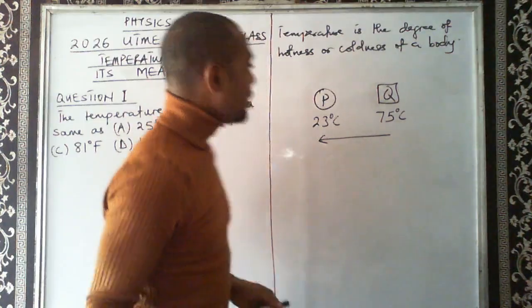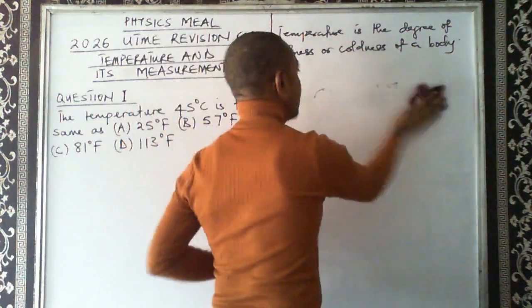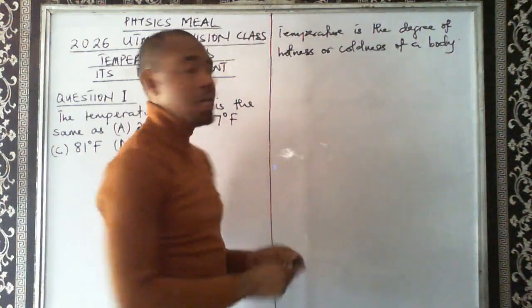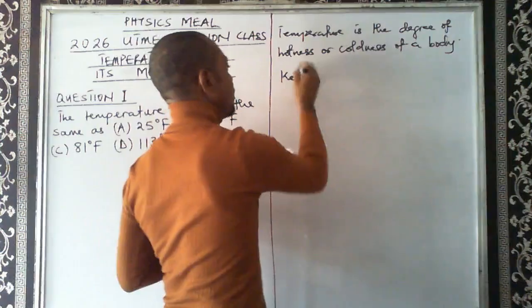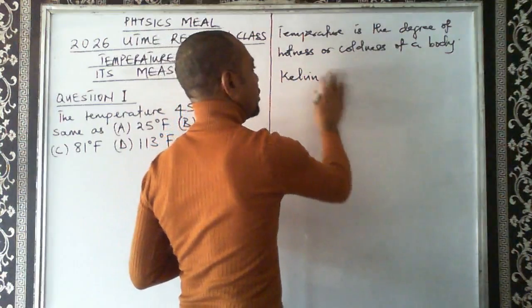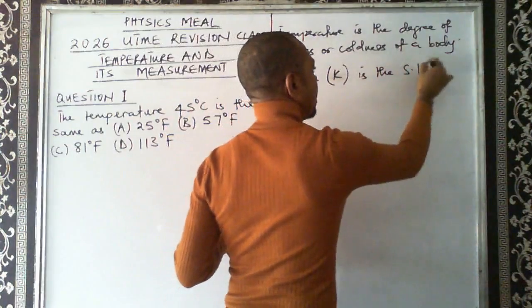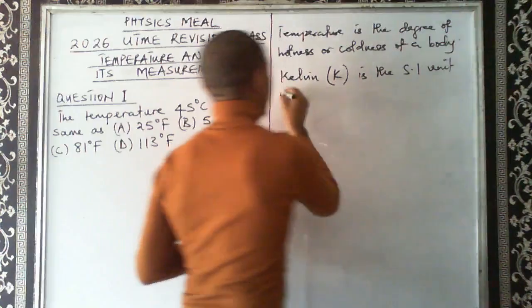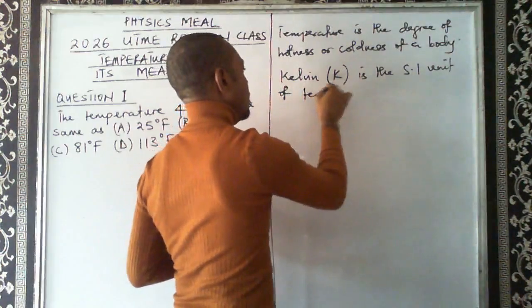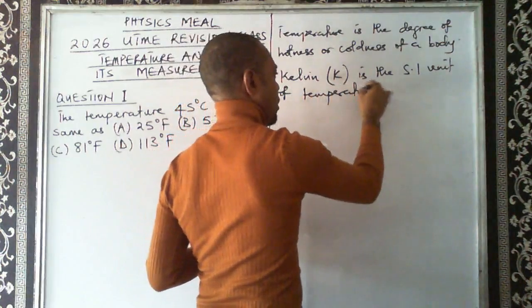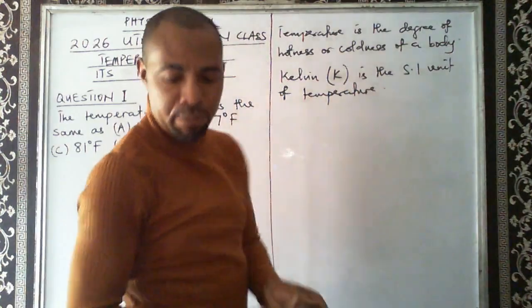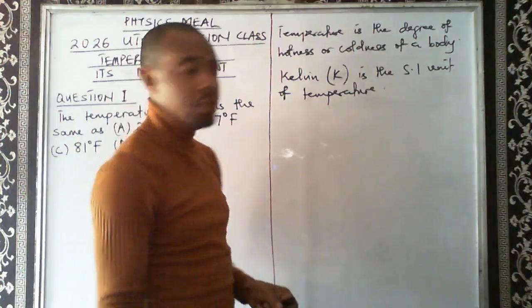Okay. Now the SI unit of temperature is Kelvin, with the symbol K. There are other units of temperature. There are so many other units of temperature.